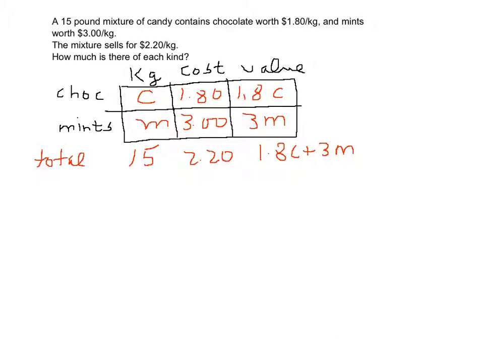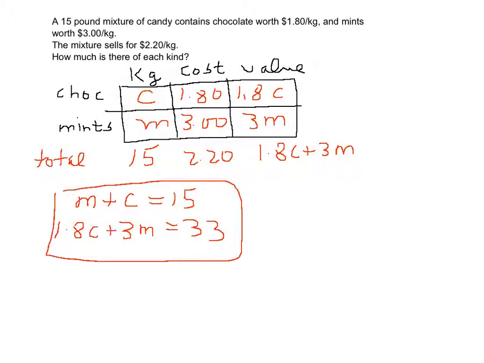So one equation is M plus C equals 15. And the other equation is going to be 1.8C plus 3M is equal to the total value, which is 15 times 2.20, or 33. And those are my two equations.